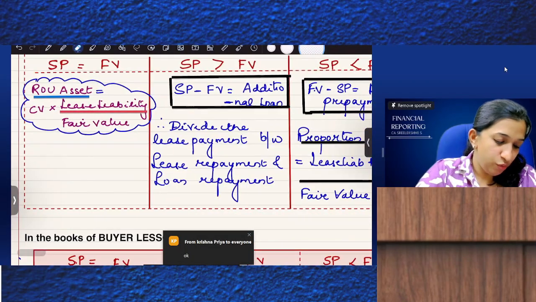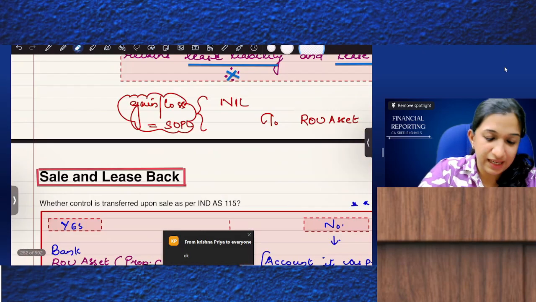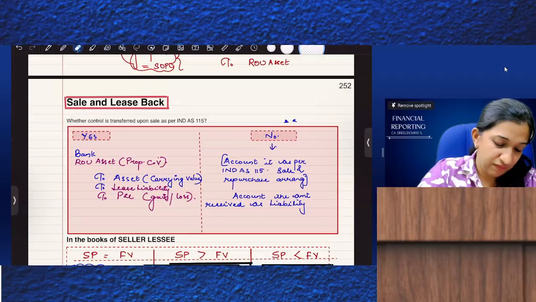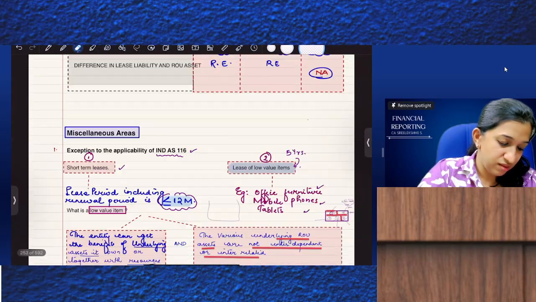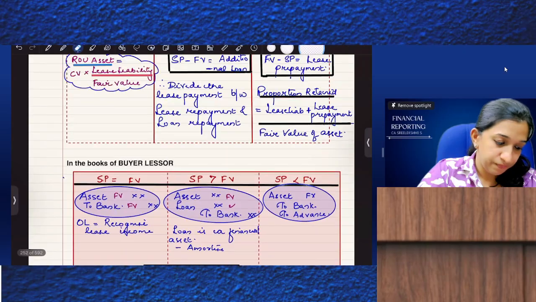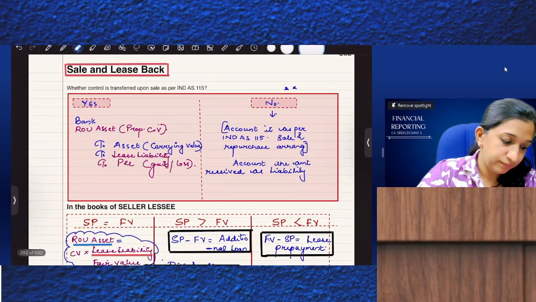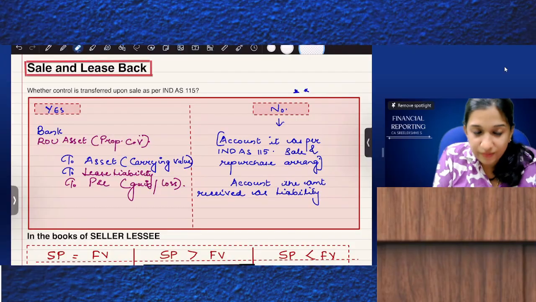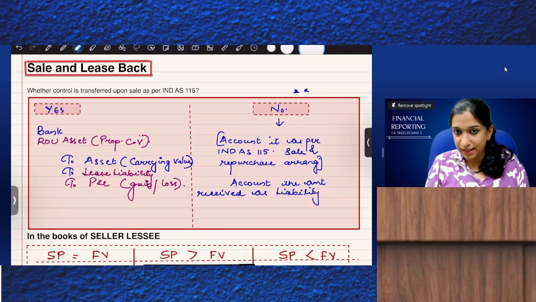So now I have a serious area, sale and leaseback. Sale and leaseback is a very, very important area. So what is given here in sale and leaseback?